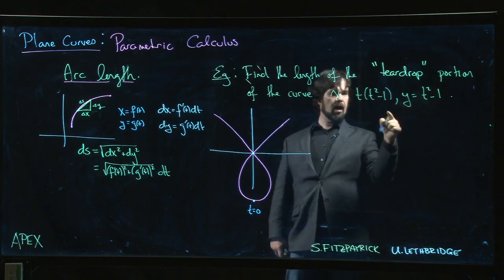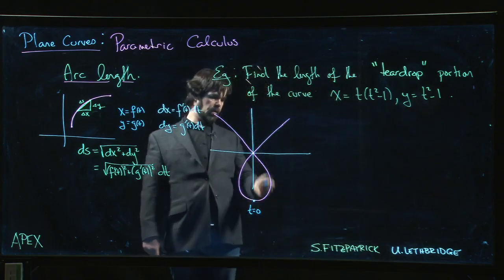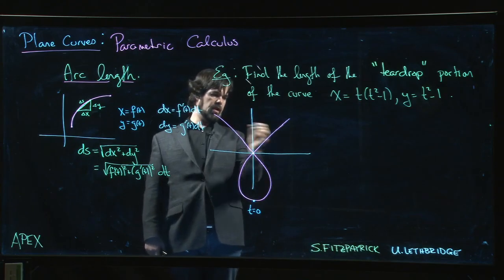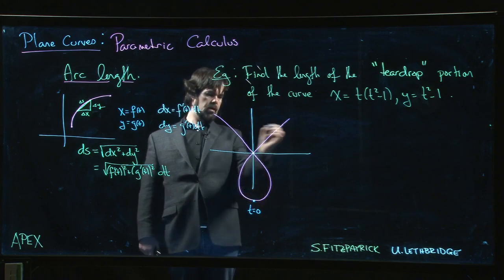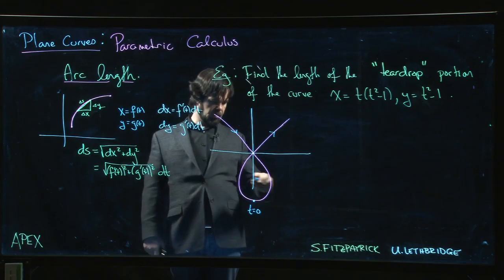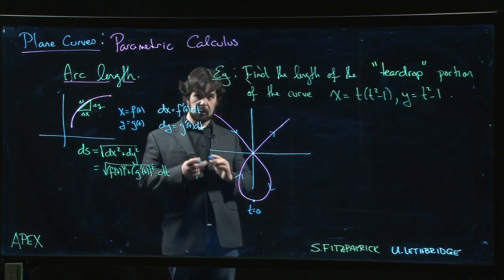If t is minus 2, this actually comes out negative. So for t equal to minus 2, we're somewhere over here. Plus 2, we're over here. So minus 2, minus 1, 0, 1, 2. So at least we have some idea of the direction of travel around that curve. We go around like that.